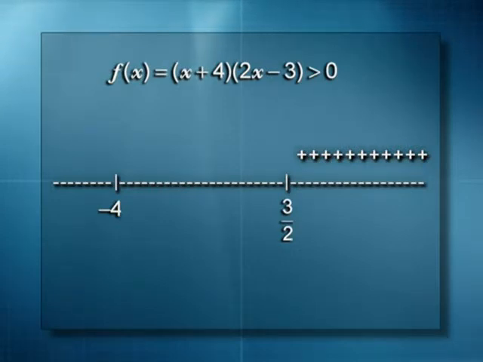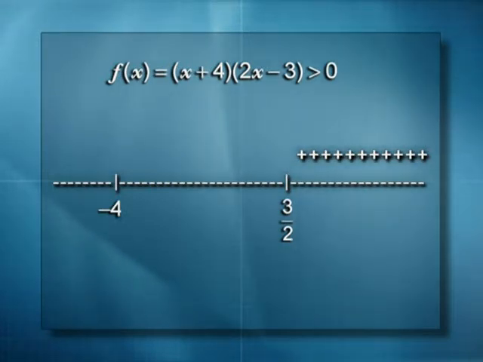Now let's look to the left of minus 4. If x is less than minus 4, and you can imagine x being, say, minus 10, then the first factor, x plus 4, is negative, and the second factor is also negative. Negative times negative is positive, so I put little plus signs above the line starting at minus 4 and going off to minus infinity.